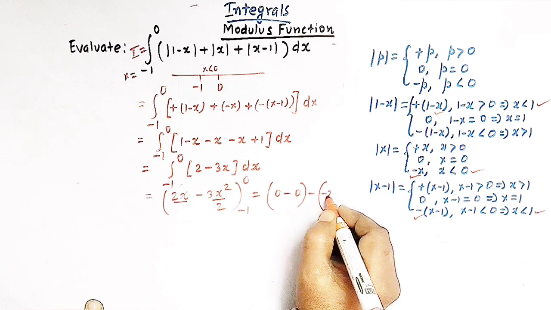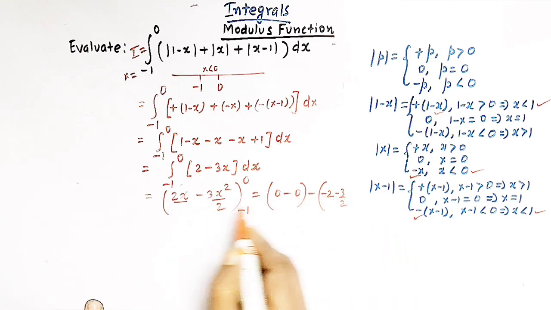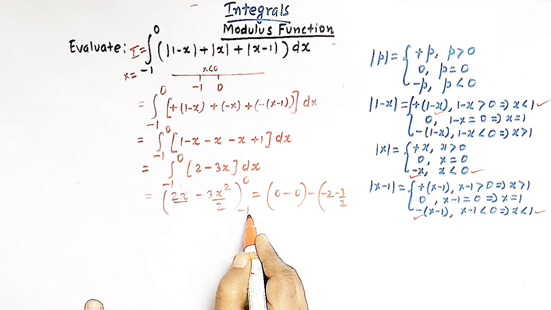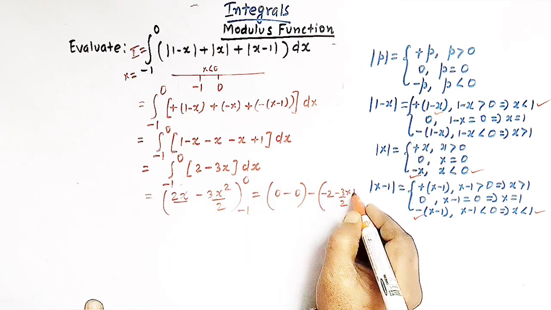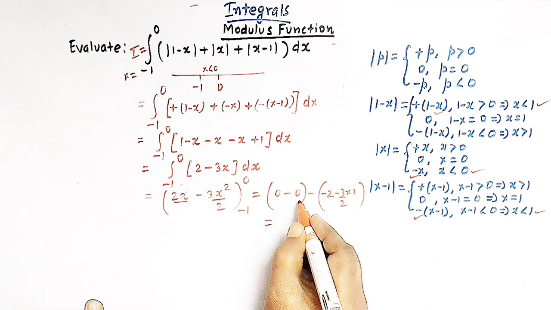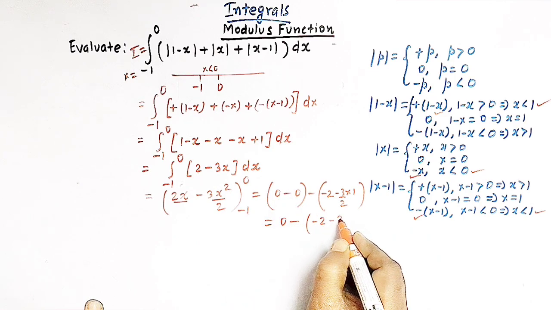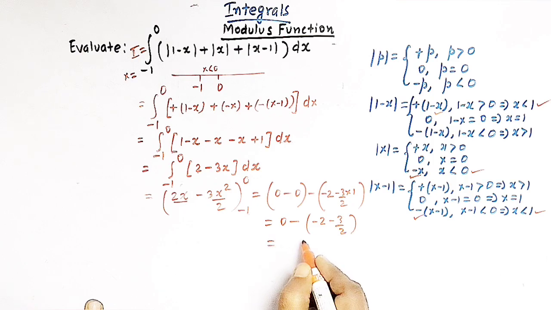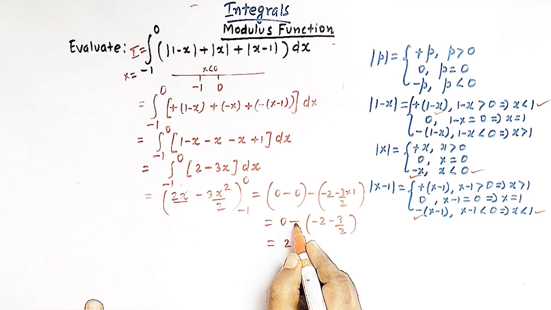So we have here -2, and here we have -3 over 2 times -1 square, and -1 square is positive 1. So this is 0, and we have minus, and this is -2 minus 3 over 2, and this is plus 2, multiplying these two numbers by a negative sign.